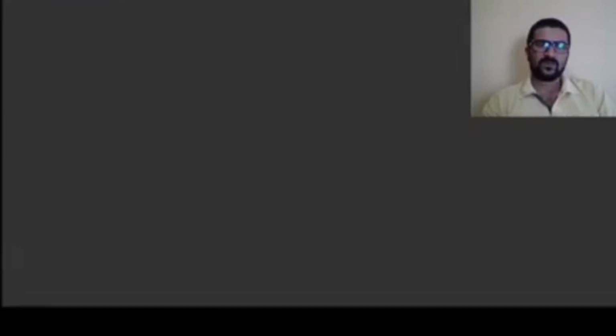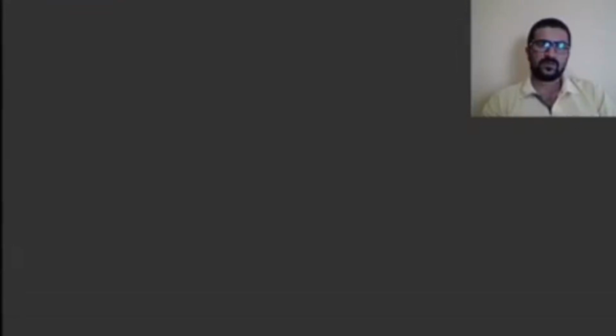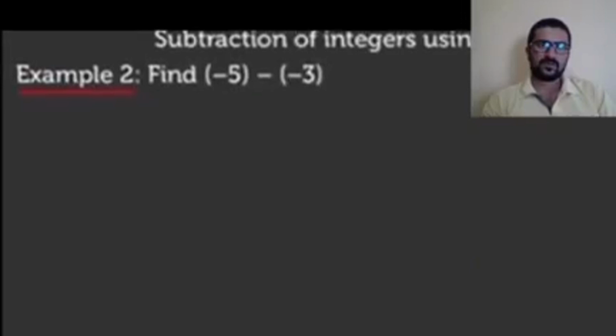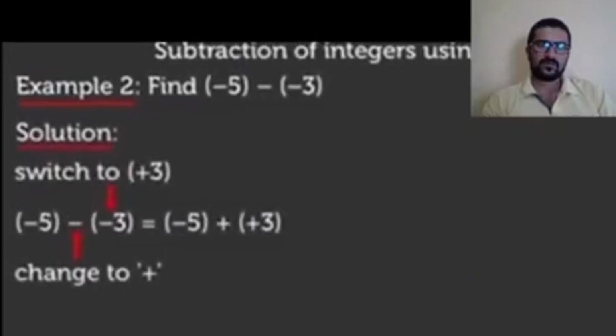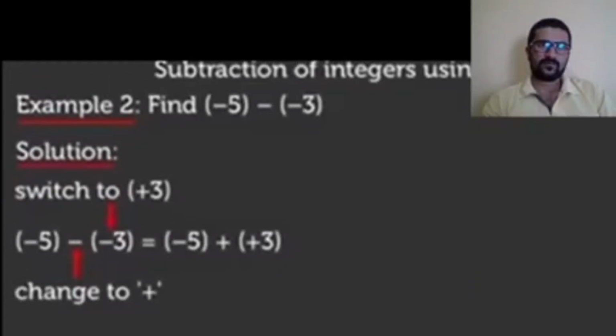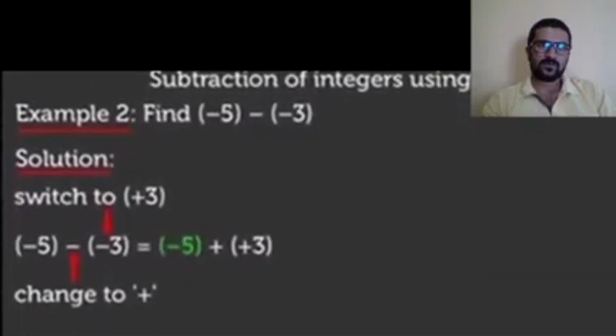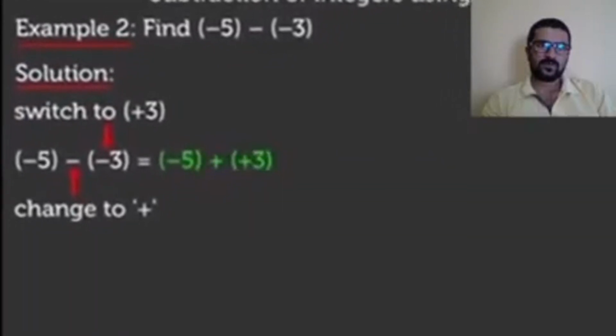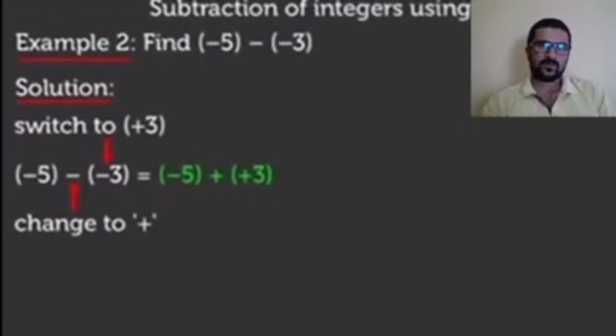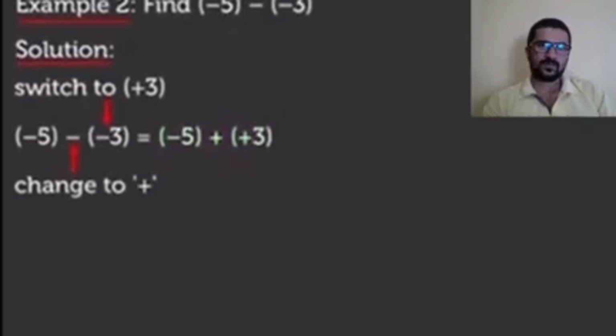Example 2. Find negative 5 minus negative 3. So, here on changing the subtraction problem into an addition problem, we get the new question as negative 5 plus positive 3. Now, let us use the number line to solve this problem.